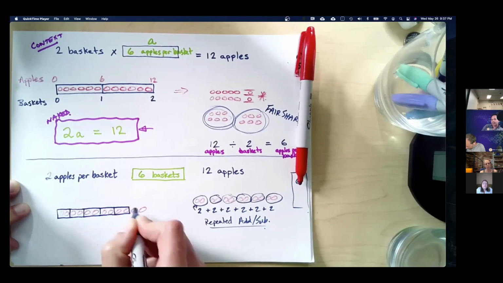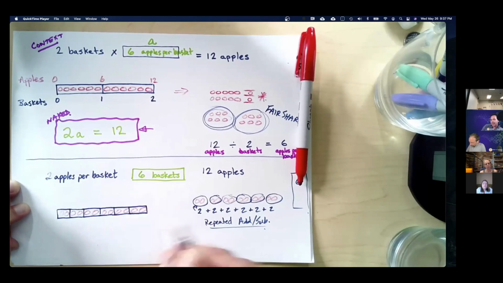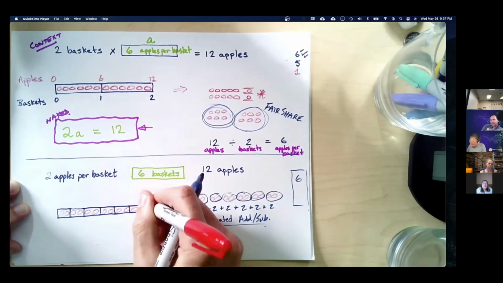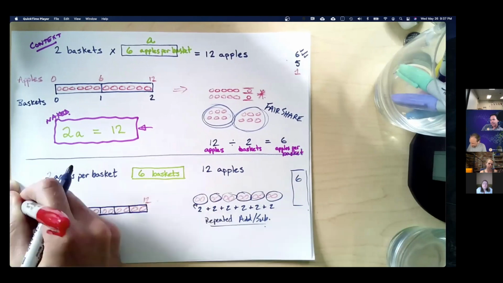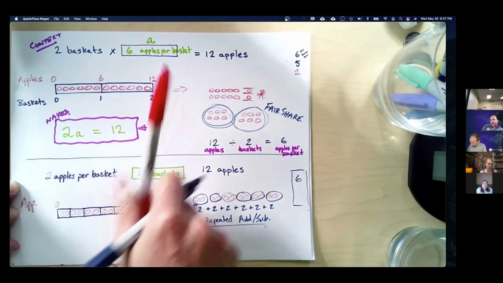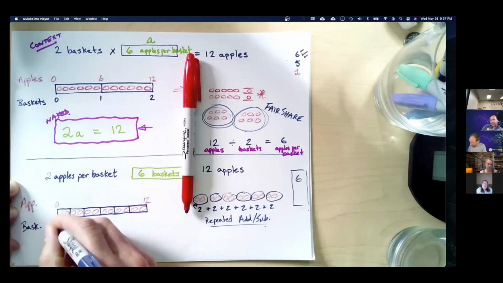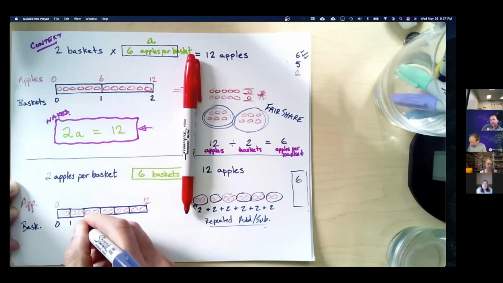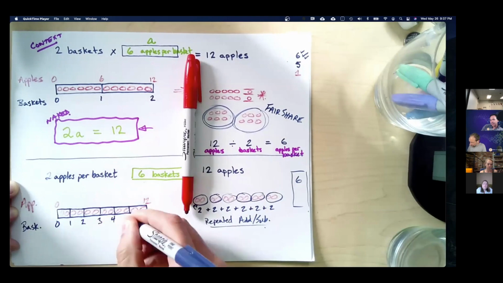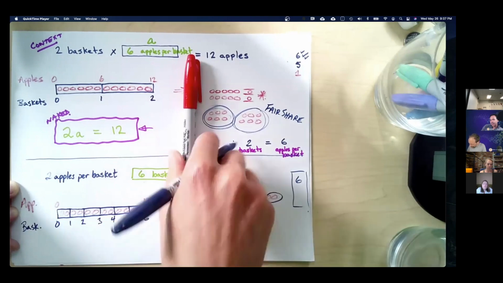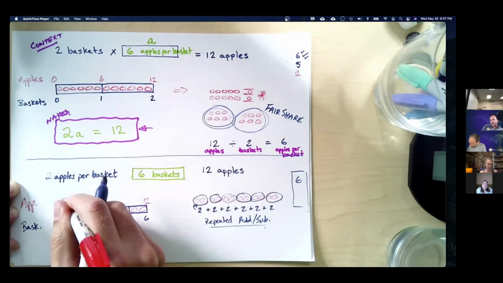Yeah, like that. So check that out. I've still got 12 apples. Here's my 0. Here's my apples. Here's my baskets. I've got 0, but oh my gosh, I got a lot more baskets this time. And my apples, here's my jumps of 2, like John had mentioned.